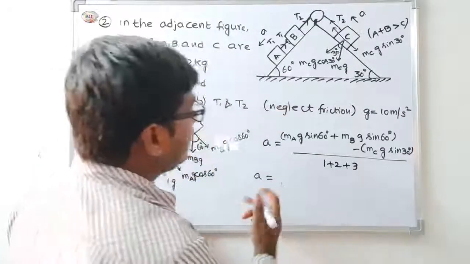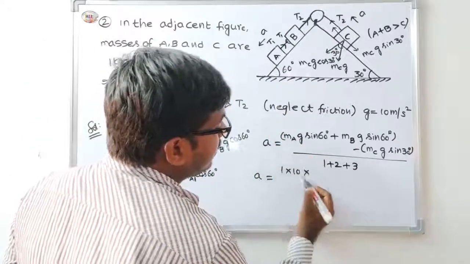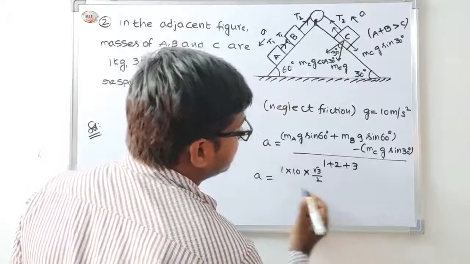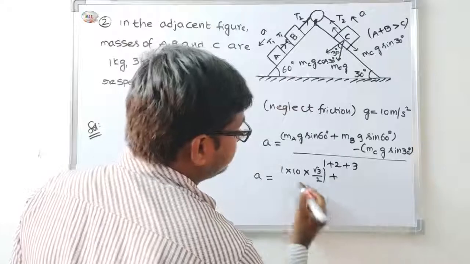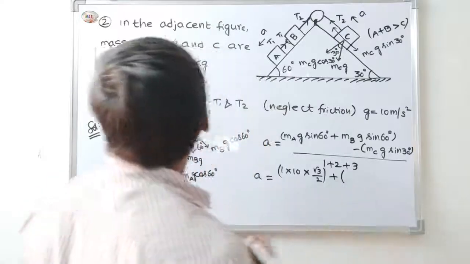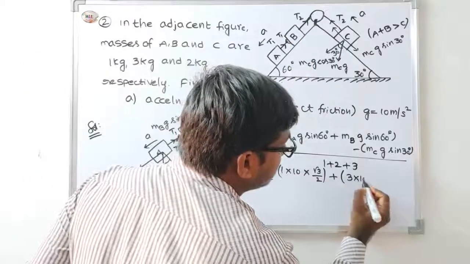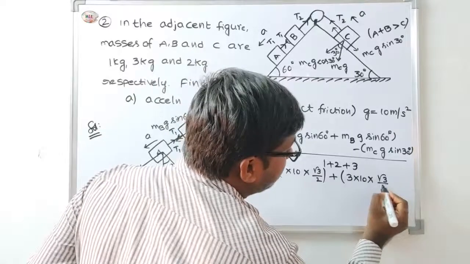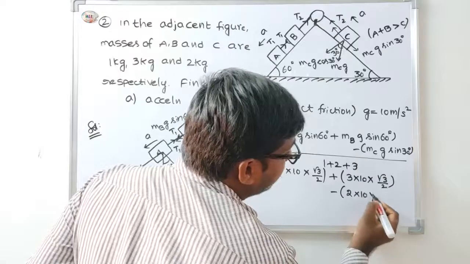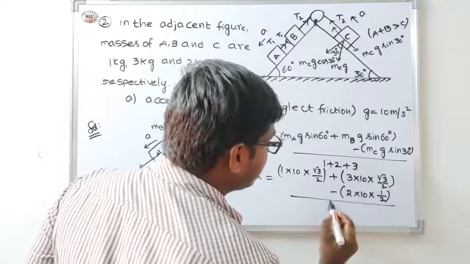Then A is equal to MA, that is 1 into 10 into sin 60 is root 3 by 2, plus MB, mass of the block B, 3 into 10 into root 3 by 2, minus MC, so 2 into 10 into sin 30, 1 by 2, by 6.